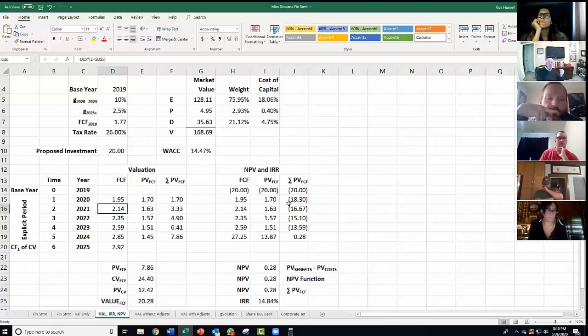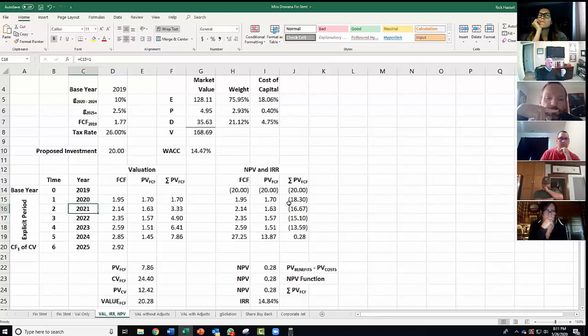So its future value in 2021 is 2.14, but its value as of the end of 2019 is 1.63. The present value of this future cash flow, which is estimated for 2021, is 1.63.